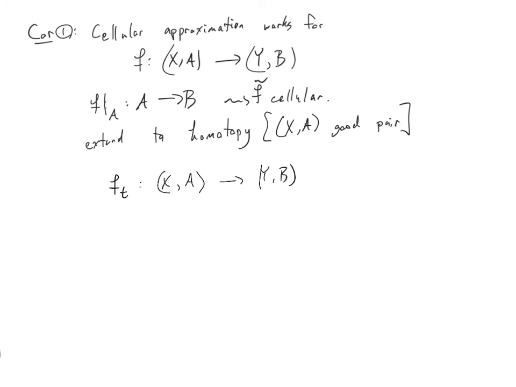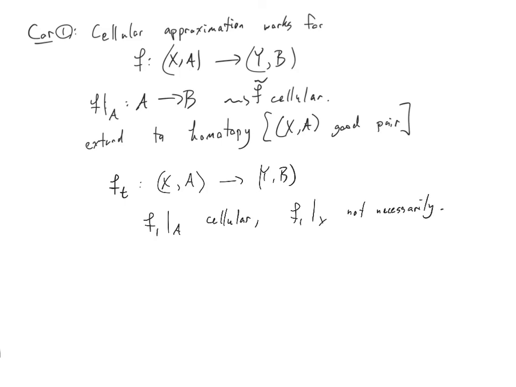But then it doesn't necessarily give you a cellular map on all of X. So notice that F1 restricted to A is cellular, but F1 restricted to X, not necessarily.